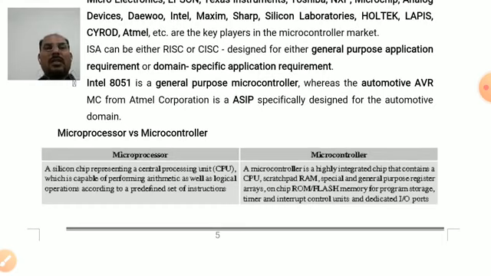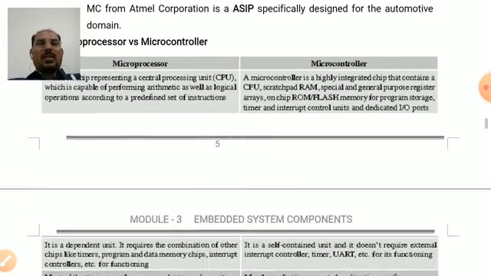Then we'll discuss the differences between microprocessor and microcontroller, where a microprocessor has only a central processing unit capable of performing arithmetic as well as logical operations, whereas a microcontroller, along with this ALU, also has RAM, ROM, timers or counters, serial communication port, input or output ports, and interrupt control.